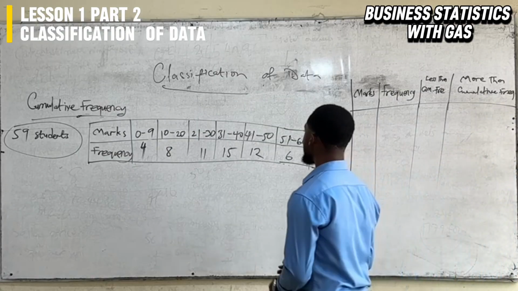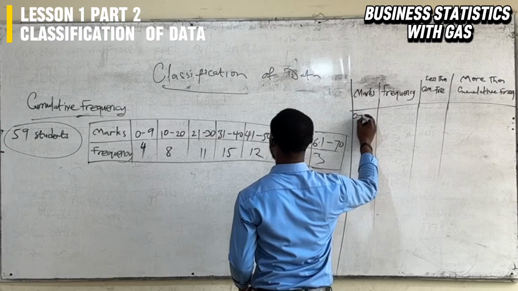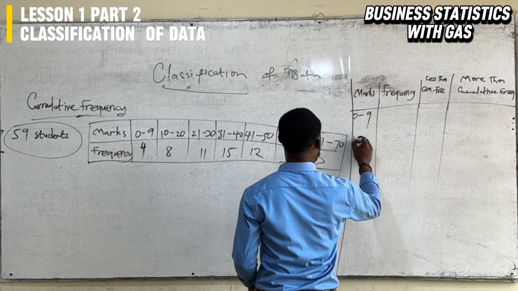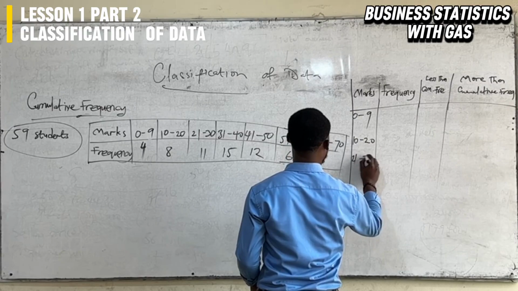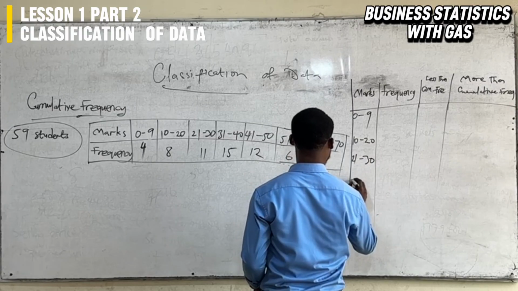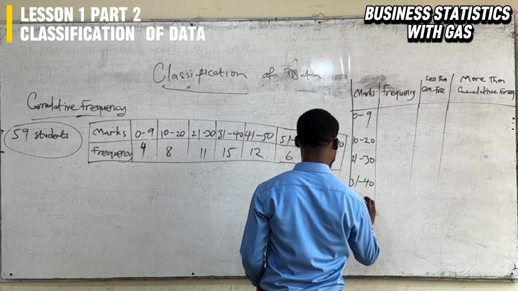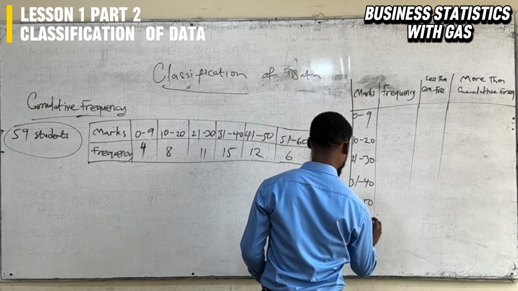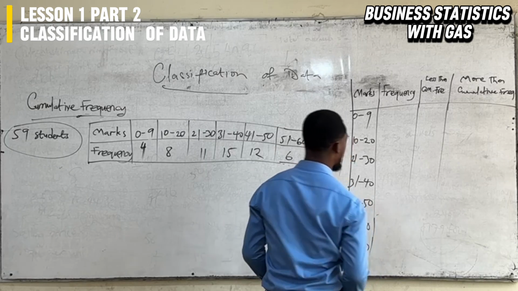So now let's take our marks. We have 0 to 9, 10 to 20, 21 to 30, 31 to 40, 41 to 50, then 51 to 60, then finally 61 to 70.